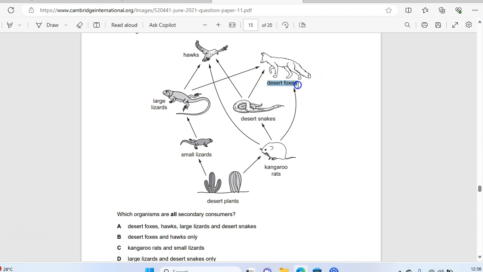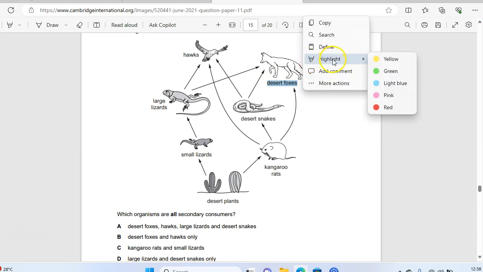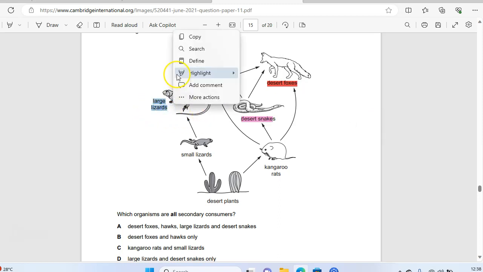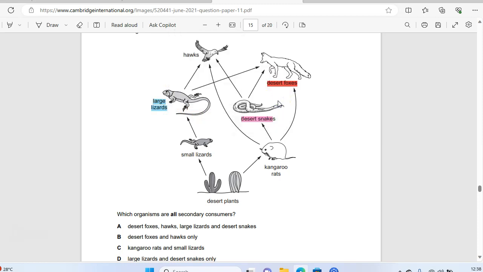Desert fox, you can see it is a secondary consumer. Desert snakes and large lizards are also secondary consumers.